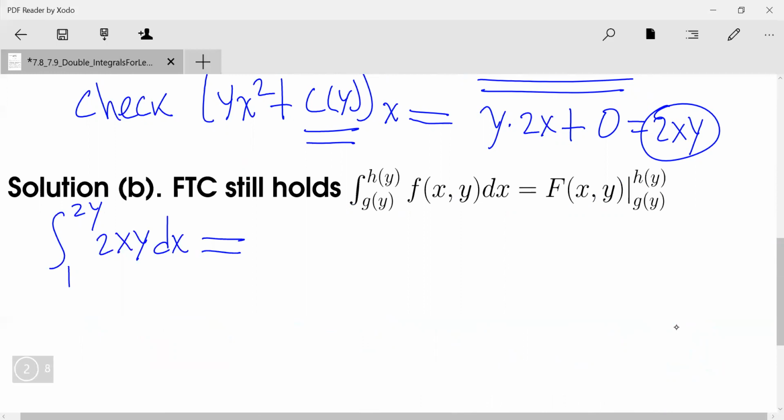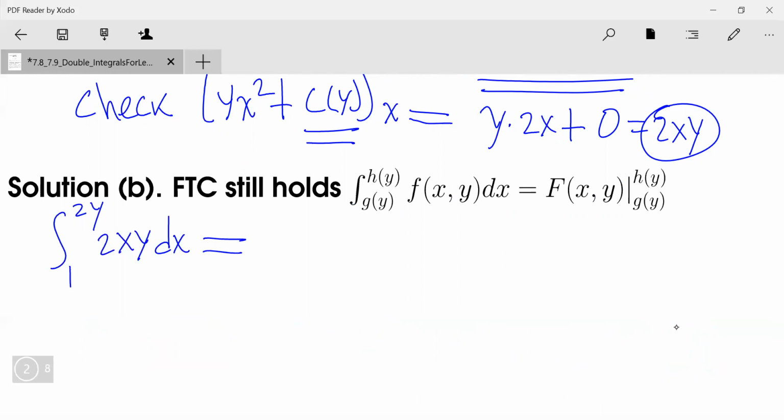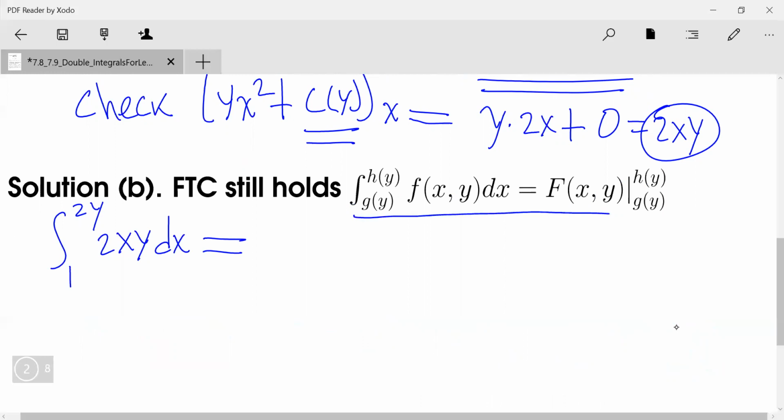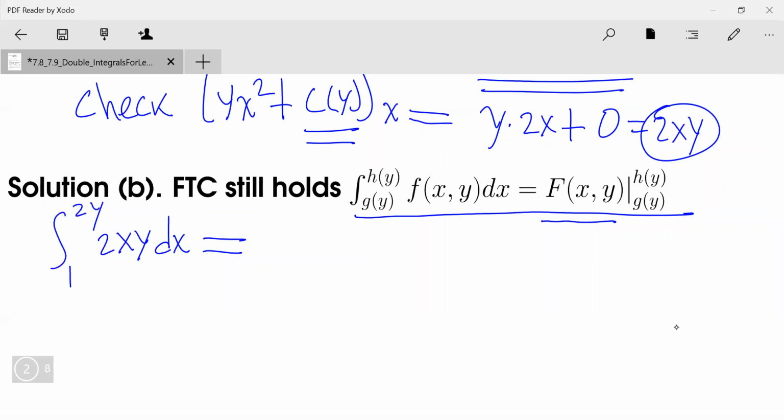This is a definite integral. We still have the well-known fundamental theorem of calculus, which is here. Here the big F is any partial antiderivative of the integrand, and this is the fundamental theorem of calculus.